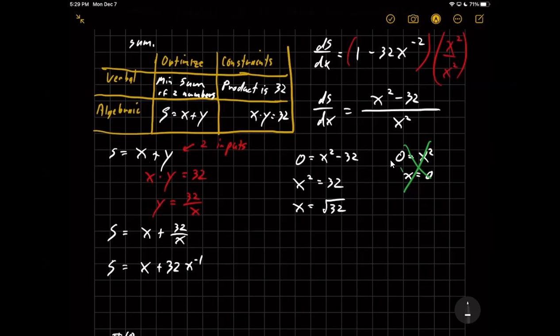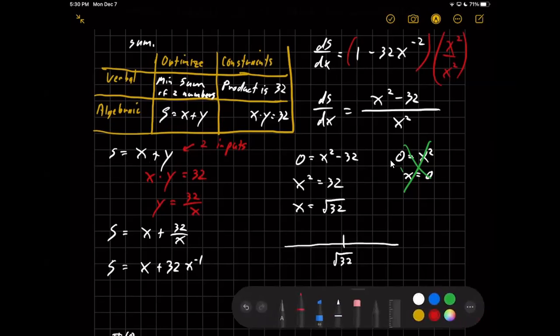Given that this one is a little bit trickier, we'll stick with a first derivative test for this. Let's make our number line. Square root of 32 is right here. Now we want to evaluate dS dX.